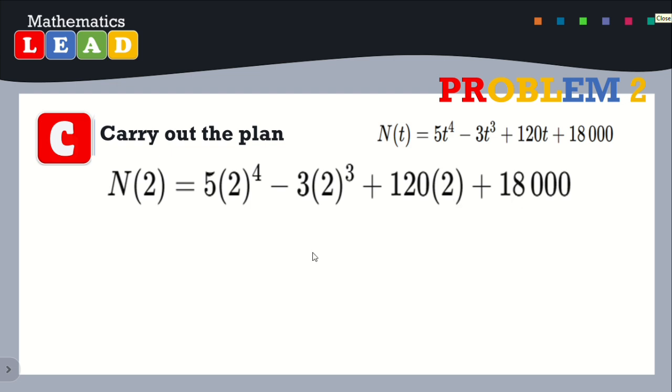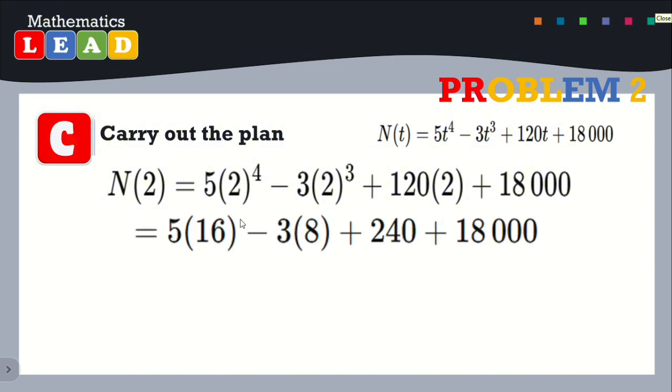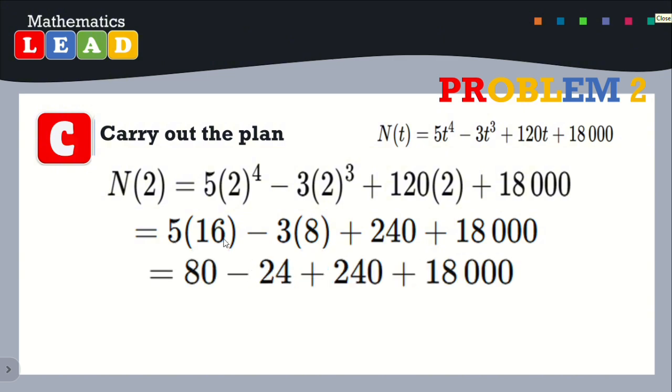And then from there, we're going to evaluate first the ones that have exponents. So 2 raised to 4 is equal to 16. And then 2 raised to 3 is 8. And then 120 times 2 is 240. Then evaluating that, we have 5 times 16 is equal to 80. And then 3 times 8 is equal to 24.